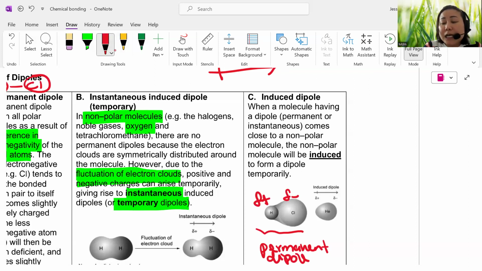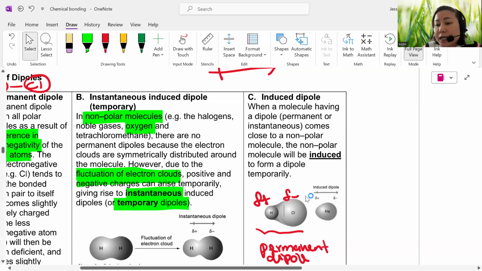If we bring it near a helium atom, the delta minus end will cause the electron cloud of the helium to be repelled away. As a result, it will distort the electron cloud of the helium because it's being near to it. That causes a slight, momentary distribution of charges on the atom, because the electron cloud is now no longer symmetrical.